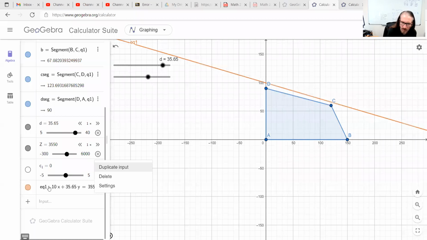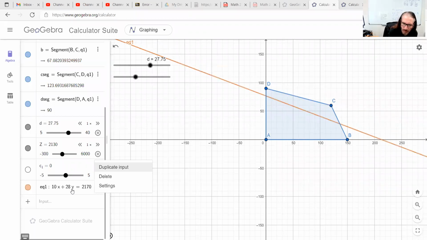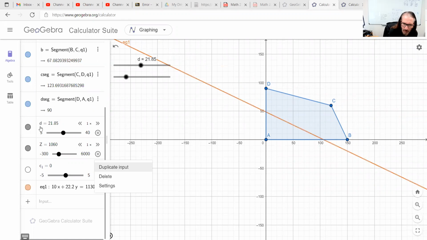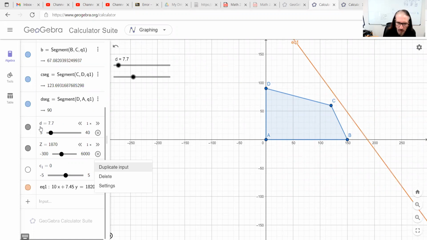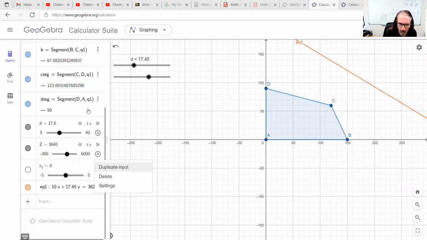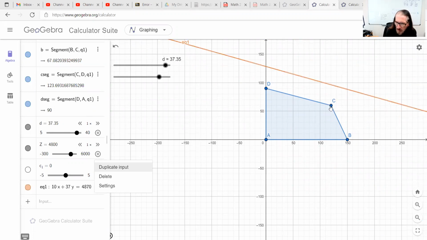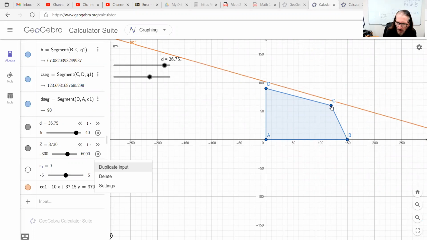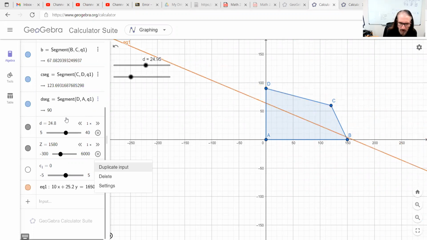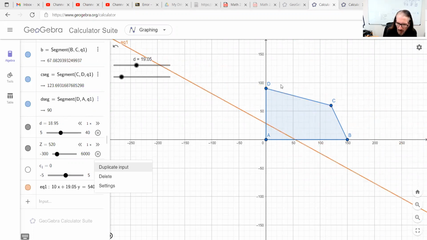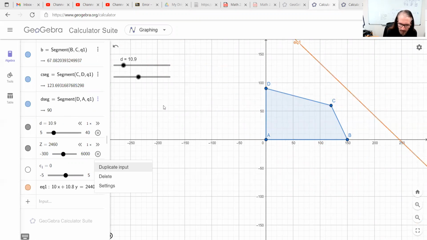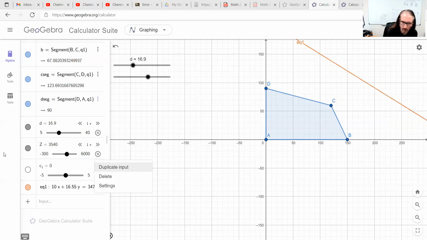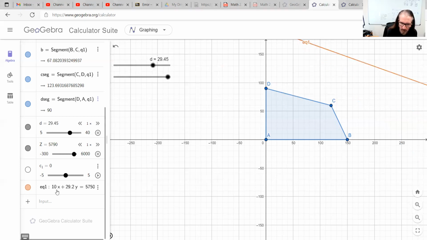My claim is that if we call that d, it can be between 5 and 40. It can be exactly equal to 5 or exactly equal to 40 or anything in between, and still have point C with the coordinates 120, 60 be the corner out of those four corners of that bounded feasible set that will still produce the maximum for this equation.